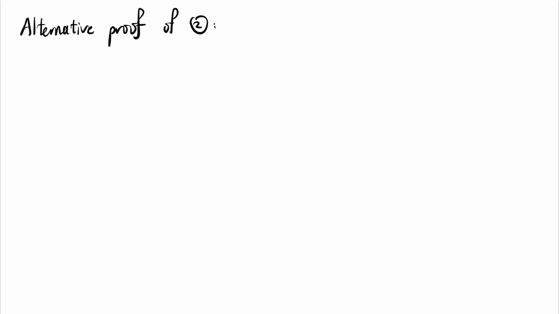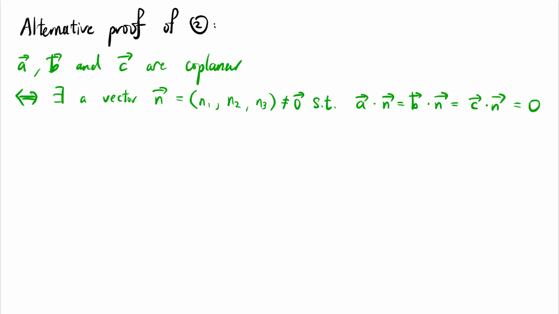Alternatively, we can prove the second property as follows. A, B, and C are coplanar if and only if there exists a non-zero vector n = (n1, n2, n3) such that A dot n equals B dot n equals C dot n equals 0.